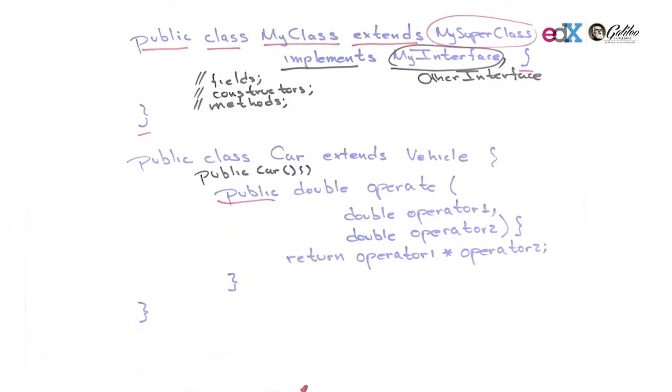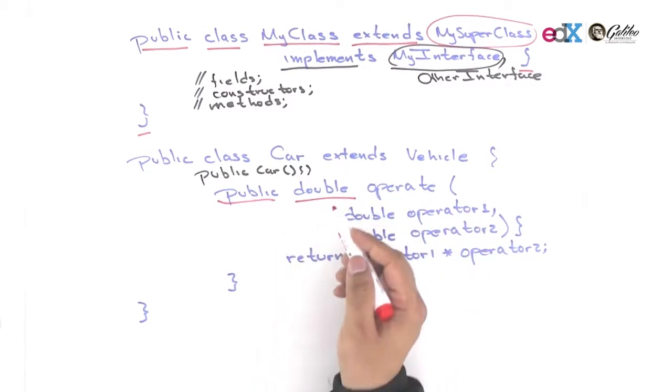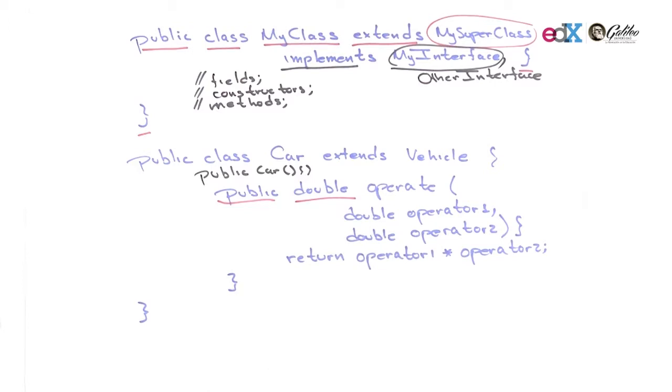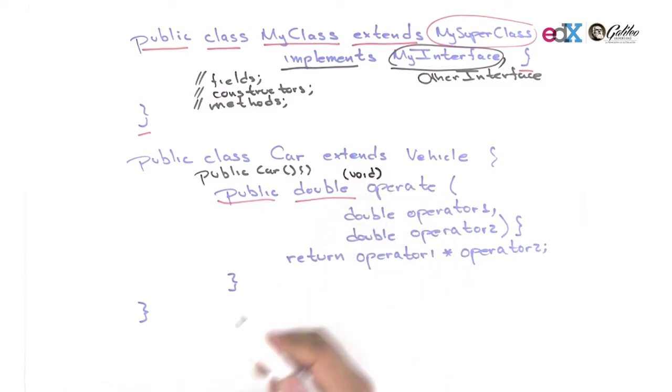Remember that in the return section, you can put all the primitive and complex types or the reserved word void. So if you need to return a value, you have to put the type, and if you don't, you have to put void.